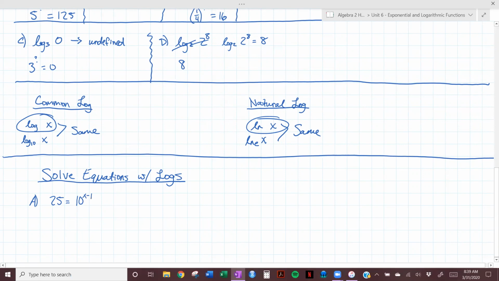To get the exponents out of there, we have to take the log of each side. So this is log 25 equals x minus 1. How do we solve for x? We add 1 to both sides. So x equals 1 plus log 25. So x is roughly 2.398.